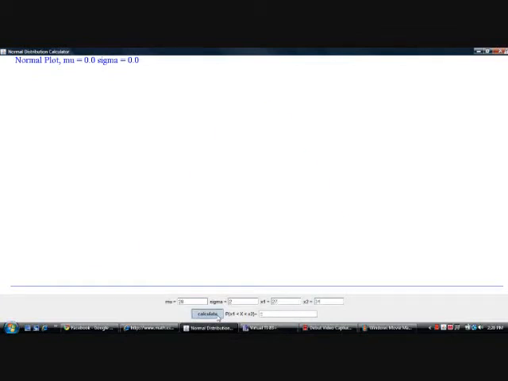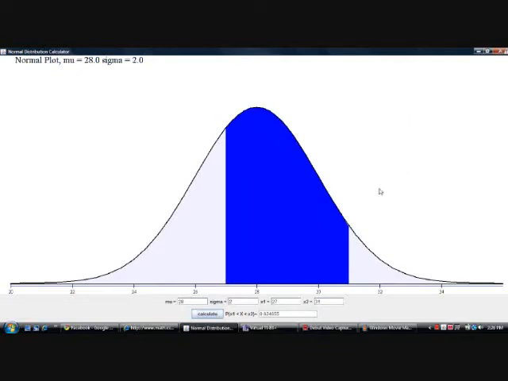Click on calculate, and this draws us the graph, and the blue shaded area of the graph is the percentage that will give us the answer to our question, which is also on the bottom right here, which coincides with the answer we got using the calculator, 0.6246.